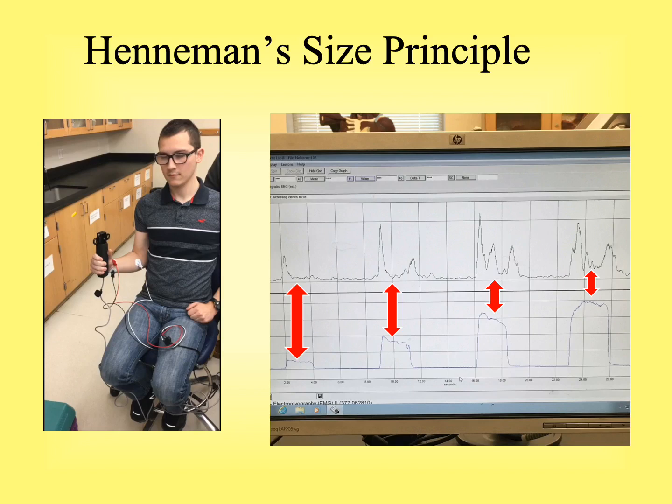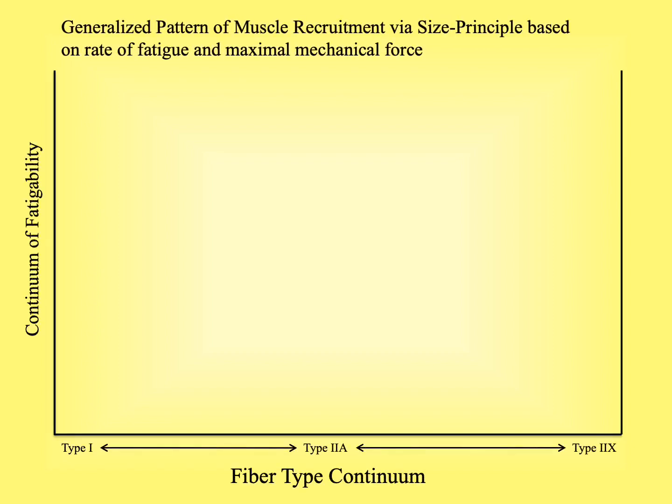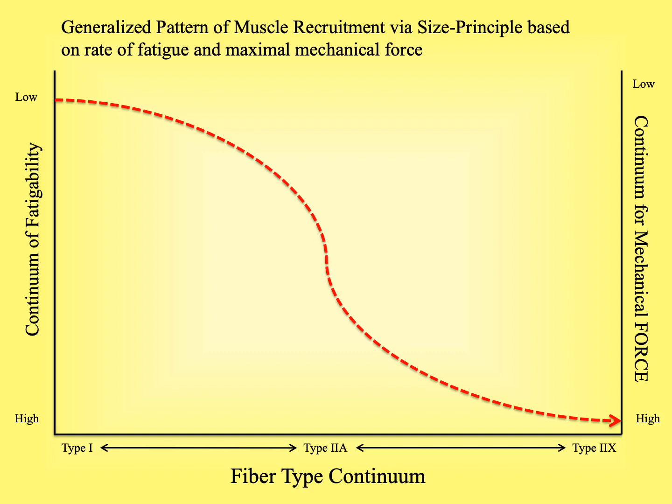Now, when we look at what's going on within this contraction, what we have to remember is that we're going to have a generalized pattern of recruitment within the size principle that's going to relate between the mechanical force, the strength of the contraction, and the relative fatigability within the muscle fiber, where when we start to contract, we're always going to start with the lowest amount of strength with the least fatigable fiber, the type 1 fibers, and we're going to progress through the continuum until we get to the maximal level of strength that we can develop.